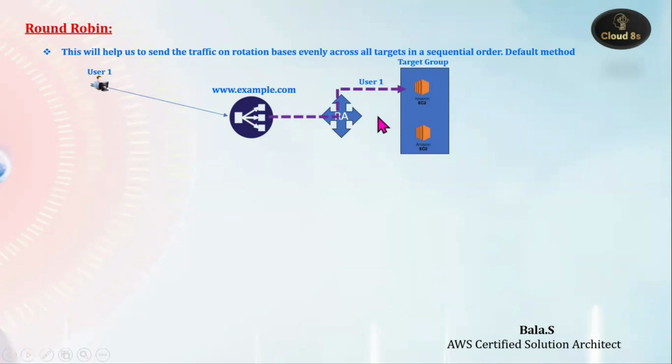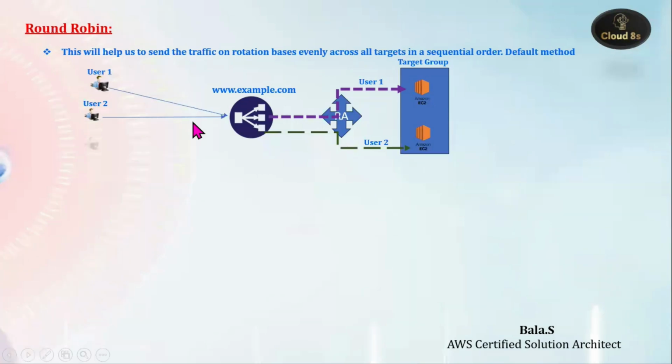So user one will be connected to EC2 instance one. In another scenario, if a second user tries to connect to the same load balancer, as I mentioned, the traffic will be sent across all the targets on a rotation basis in sequential order. So the routing algorithm will send the traffic to another EC2 instance. Since EC2 instance one already got traffic, EC2 instance two will receive the traffic from user two.